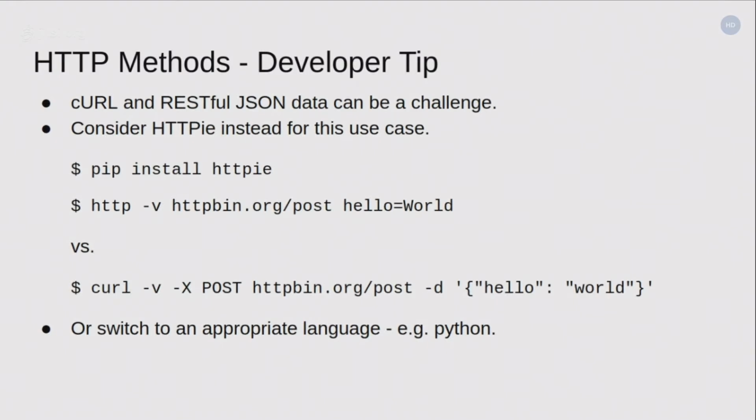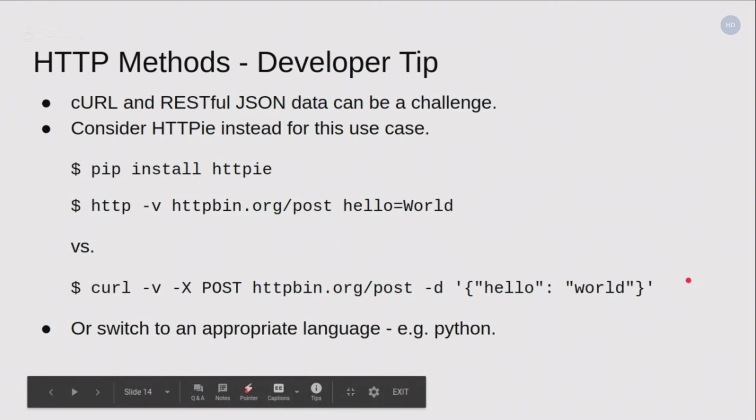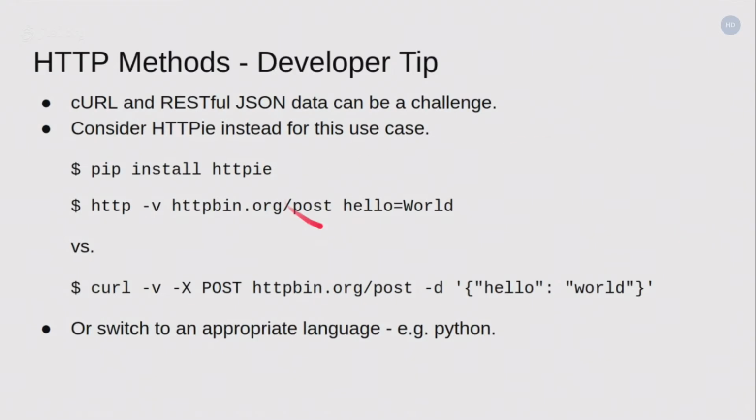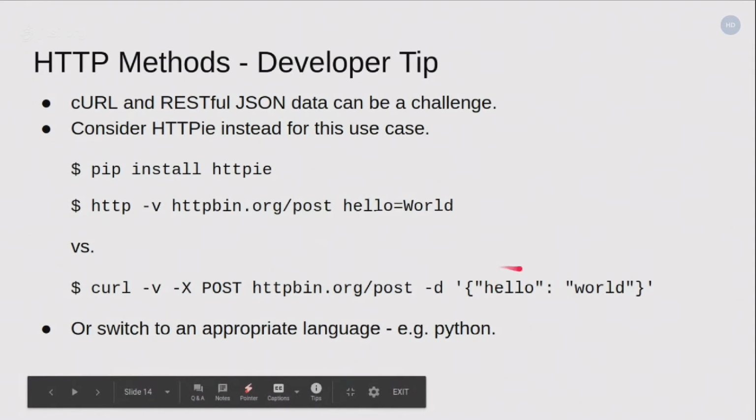It's called HTTPie. The nice thing about HTTPie is that it will handle a lot of the JSON quoting for you. So you get a situation like this where you only have to have a name value pair rather than having to deal with all this quoting.